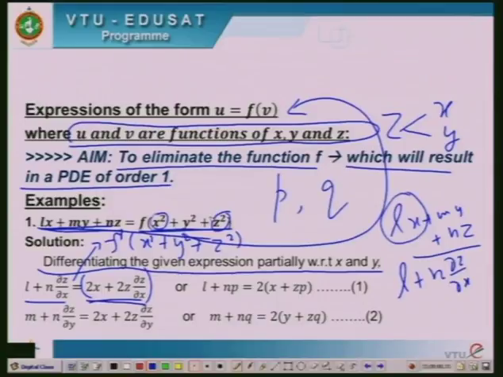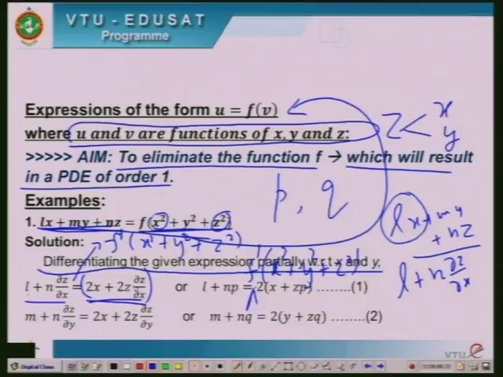Using the notation p, l + np becomes f'(x² + y² + z²) into 2 times, taking 2 common, (x + zp).